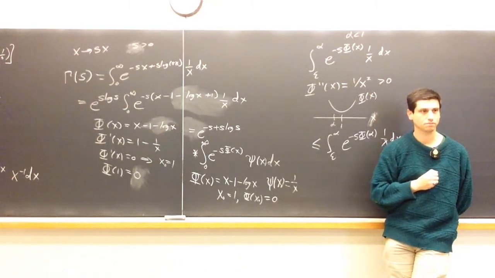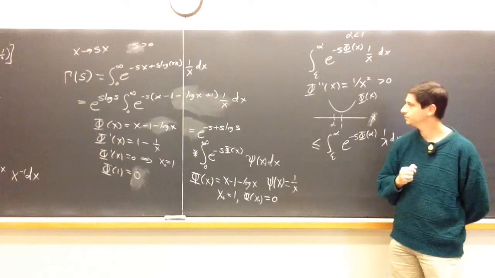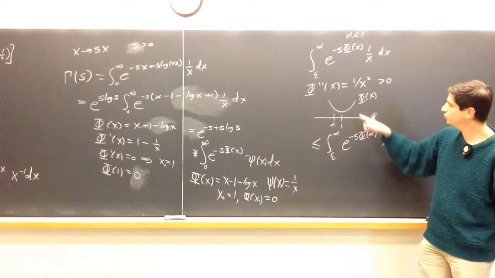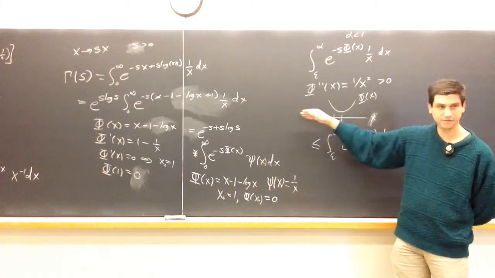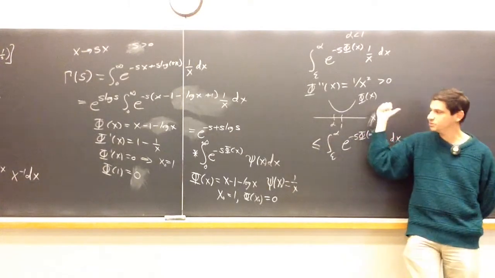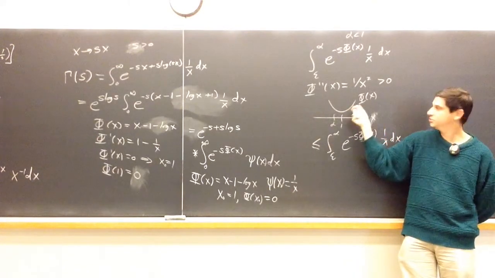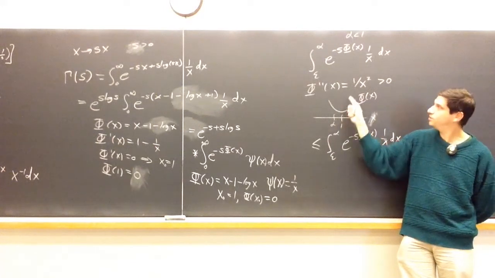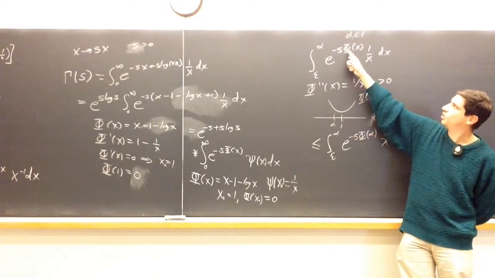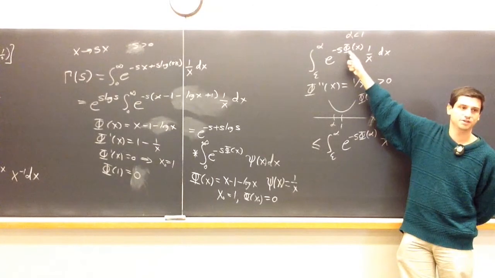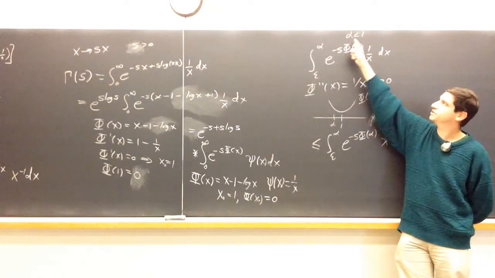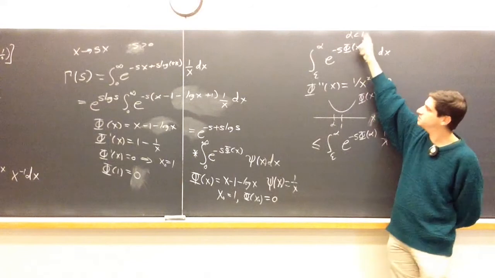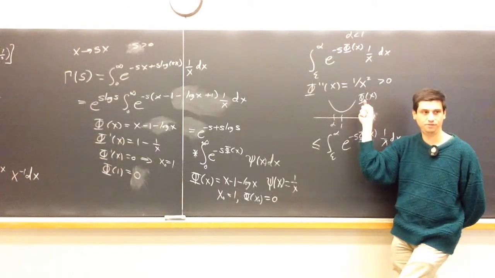Yes? Can you explain that step again? Why is that like a decent approximation? Well, so phi is increasing as we go to the left before 1 and increasing as we go to the right after 1. This is one of the nice things about having phi double prime greater than 0. So if I want to look at where's the smallest value of phi of x in the range from epsilon to alpha, since alpha is less than 1, the smallest value is at alpha.